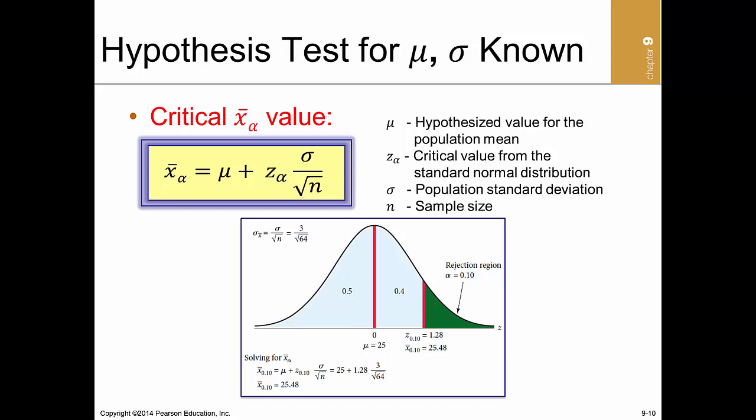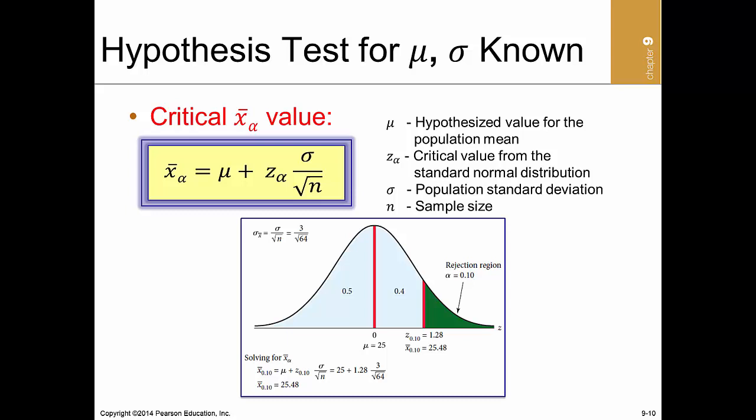So with this information, we can calculate the critical z value or critical x value, and we compute it the same way that we computed our intervals in chapter 8. So we'll start with our mu and then plus our critical z times sigma over square root n. In essence, this looks like the population mean mu plus our margin of error.